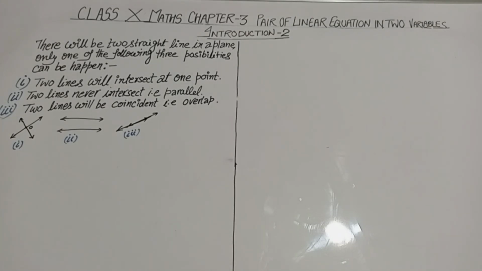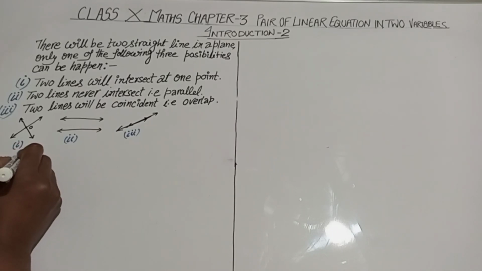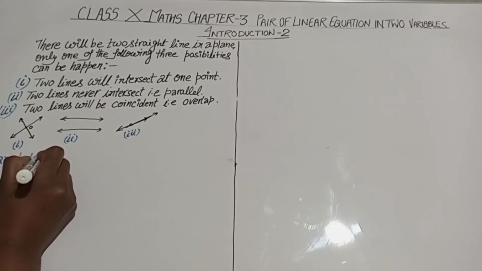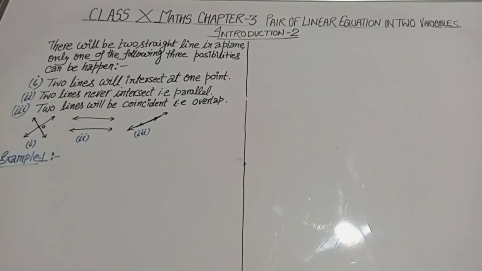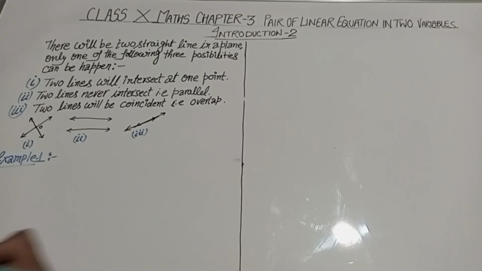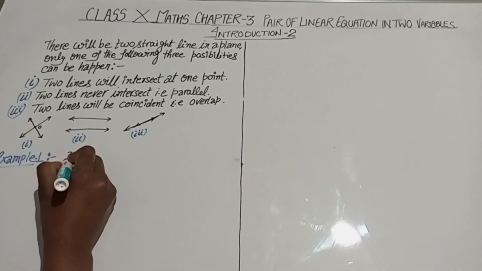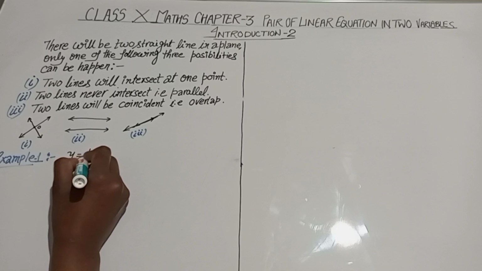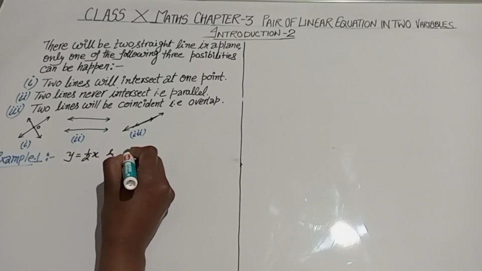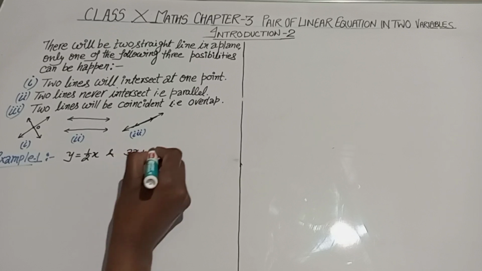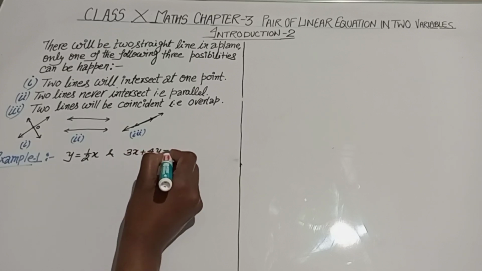Let us discuss the three possibilities by examples. Example first. We take y is equal to 1 by 2 x, which means 2y is equal to x, and 3x plus 4y is equal to 20.